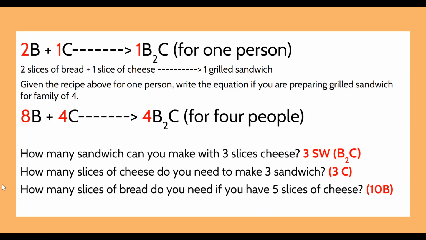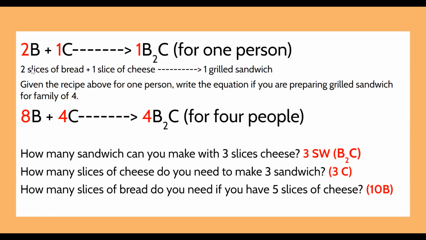Then how many slices of cheese do you need to make 3 sandwich? Okay, that will be 3 slices of cheese. Then how many slices of bread do you need if you have 5 slices of cheese? Okay, it will be 10 slices of bread.